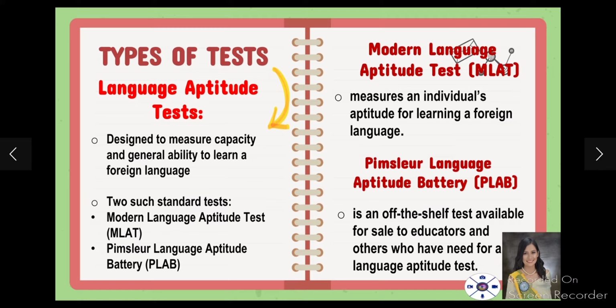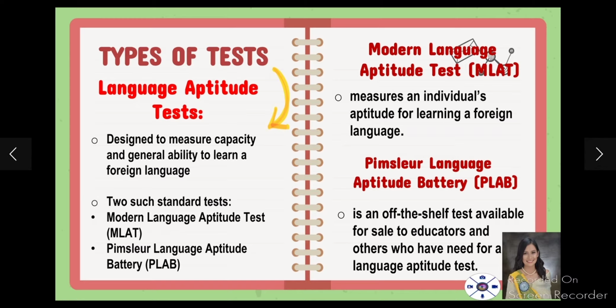In PLAB, language learning aptitude does not refer to whether or not an individual can or cannot learn a foreign language, but it is assumed that virtually everyone can learn a foreign language in an unlimited amount of time. If MLAT has a given amount of time and under given conditions, PLAB is given an unlimited amount of time to learn the language.